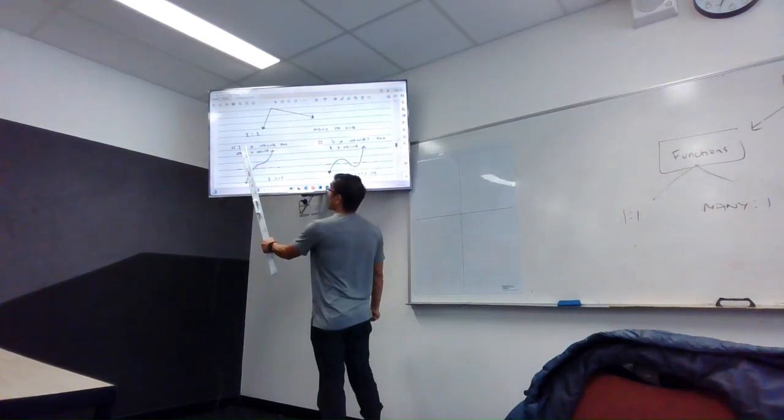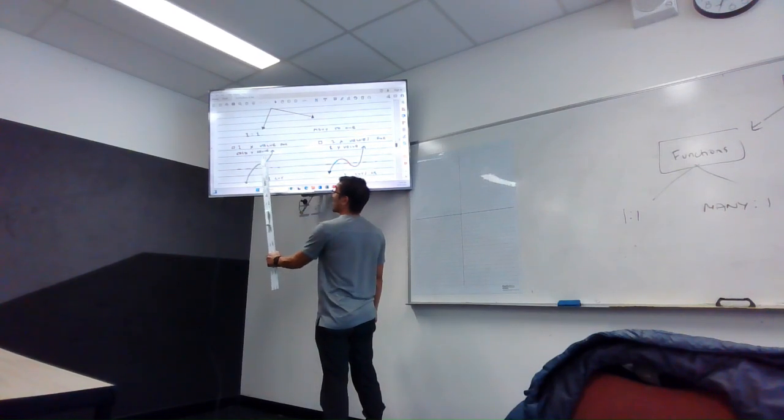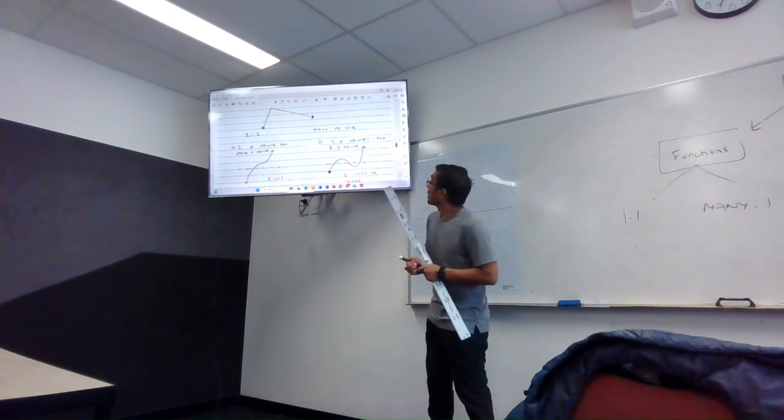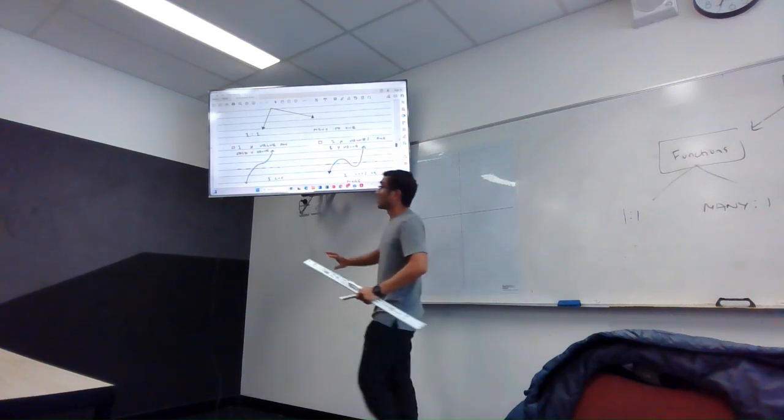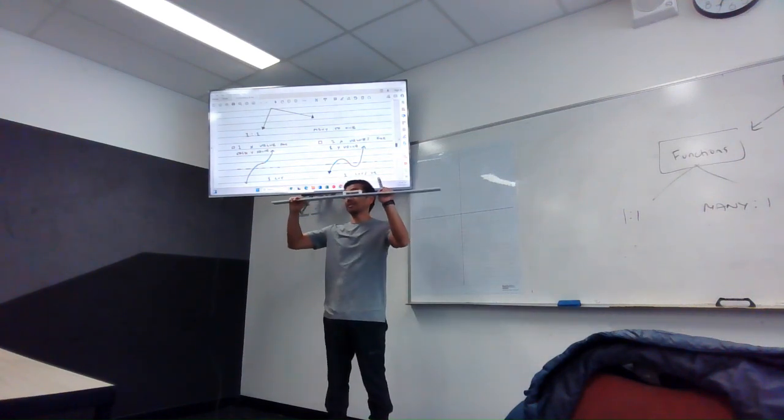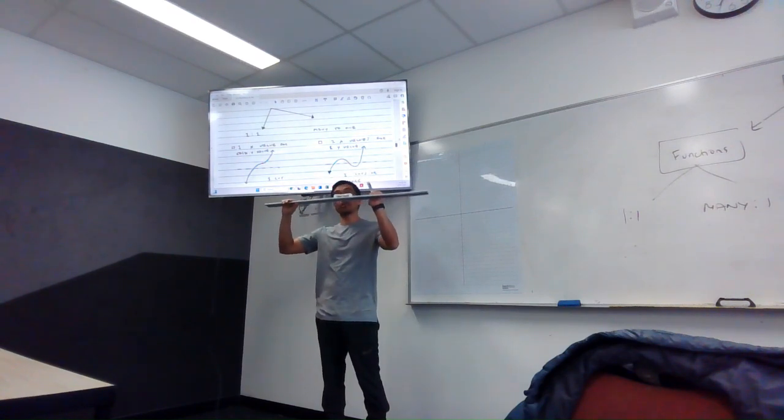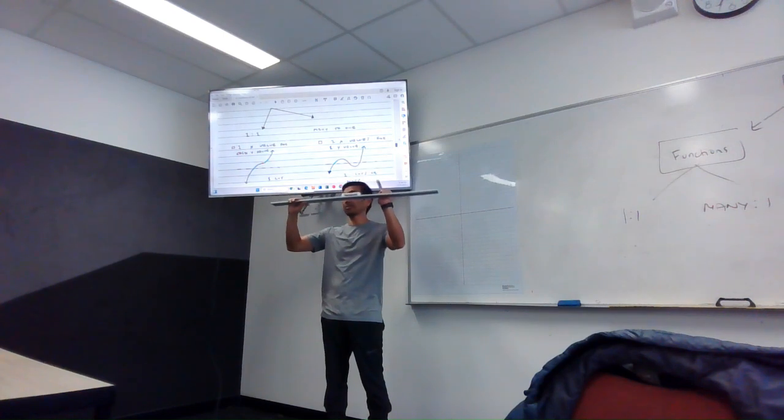If I have one x value for each one y value, that means if I do a cut like this, what test would you call this? You call this a horizontal line test because it's horizontal.